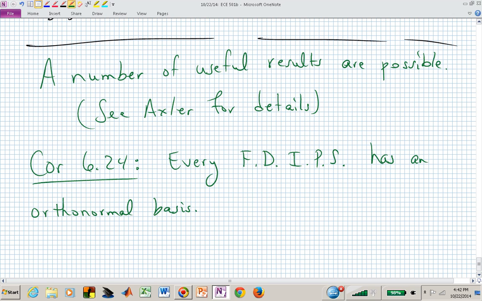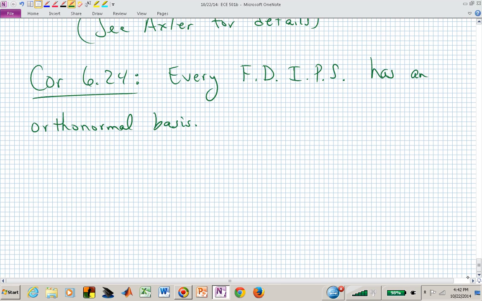That's nice to know. So if you produce an inner product space that's finite dimensional, you can actually produce an orthonormal basis for that inner product space.